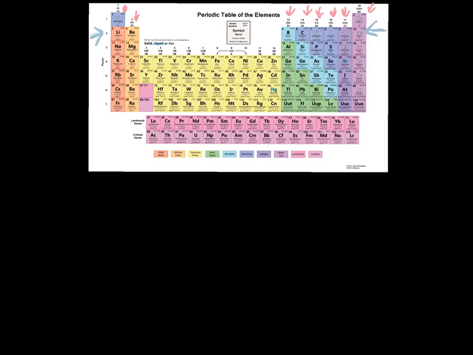Let's do it. So for lithium, we know lithium is here in the first column, so it has 1 electron in its outer shell. But lithium is element number 3, so it has 3 protons. So let's go ahead and do the math. Plus, and plus, so 3 protons.